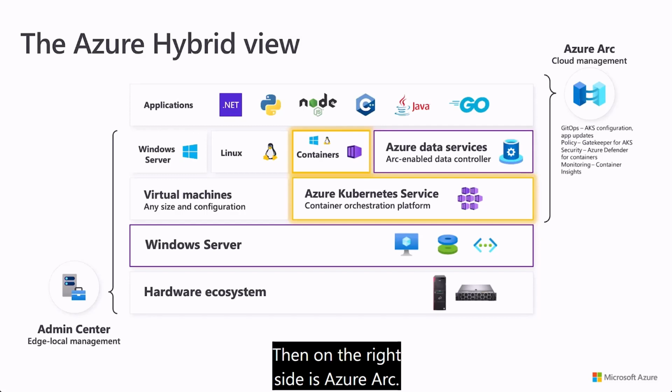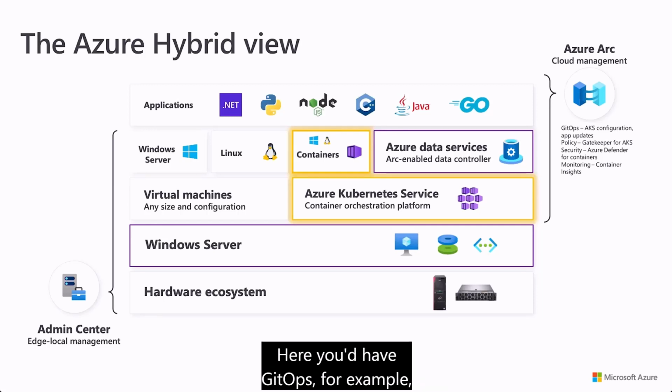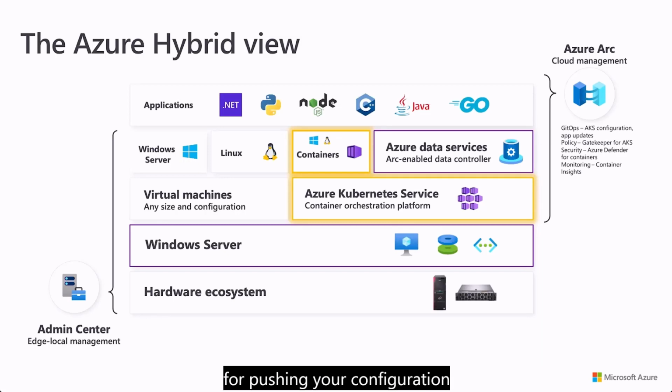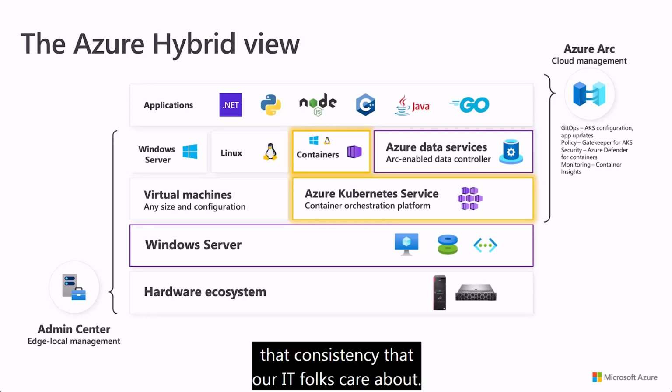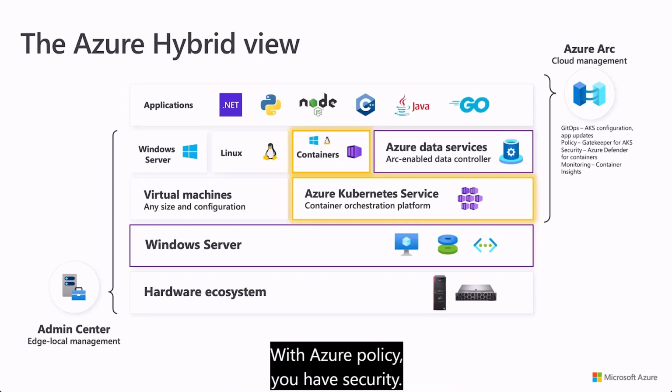Then on the right side is Azure Arc. You can connect your clusters to Azure Arc to start managing your infrastructure from the cloud. And here you would have GitOps, for example, for pushing your configuration to your clusters and maintaining that consistency that our IT folks care about. You have policy, to enforce policy across the board, both on-prem and in the cloud with Azure Policy.